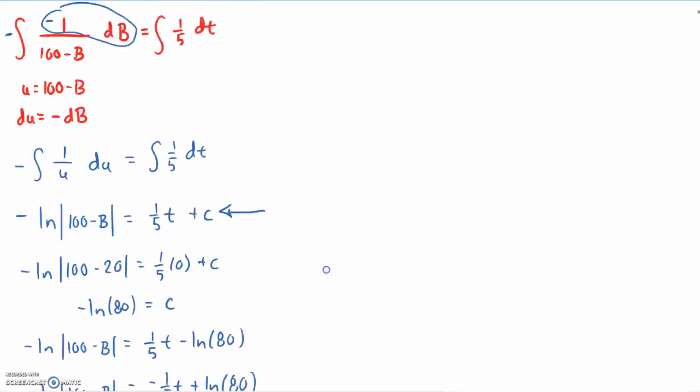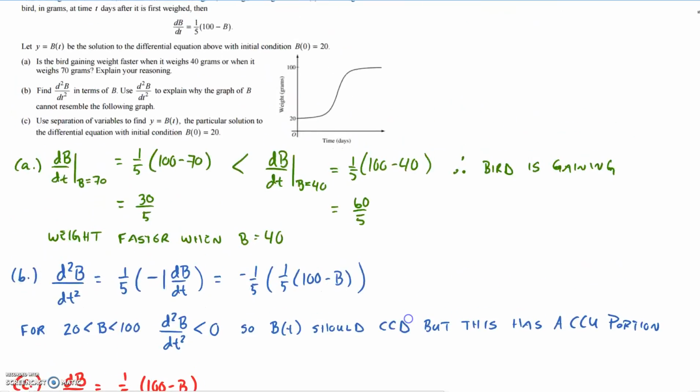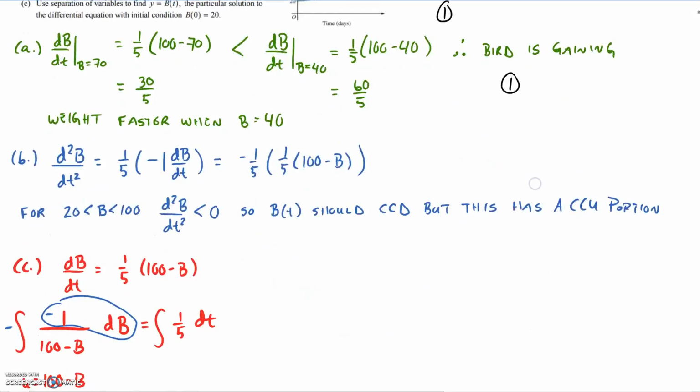The points for this come from using dB/dt, so plugging 70 and 40 into dB/dt, the explanation of where the bird is gaining weight faster, finding the second derivative in terms of b, and the explanation about why that graph doesn't match the function.